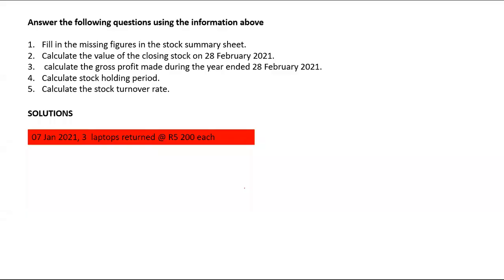All right, as we can tell here, on the 7th of January 2021 we returned 3 laptops and the cost price was 5,200 each. The reason why the cost price is 5,200 each is because these returns were made after the last purchase, which was on the 30th of December 2020, and the cost price of those purchases was 5,200.